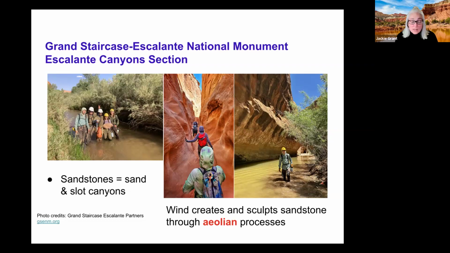Wind helps create sandstone, and it also helps sculpt the sandstone in these very smooth, curvy lines that you see. So it's a combination of water and wind together that create this area and make the beautiful slot canyons. And we call this process where wind sculpts canyons and shapes them Aeolian, after the Greek god Aeolus, who was the god of wind and blowing things around.